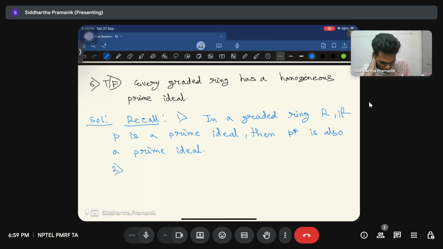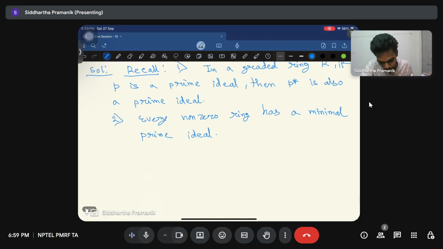The second one is every non-zero ring has a minimal prime ideal. This is a simple exercise you can try to do by Zorn's lemma. So these two facts I will use.